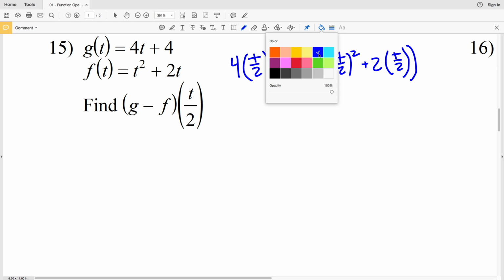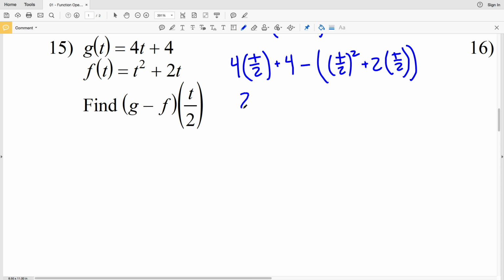Now I'm going to simplify. 4 times t over 2, 4 divided by 2 is 2, so that will give me 2t plus 4 minus t over 2 squared is t squared over 4, distributing that exponent to both the numerator and the denominator.